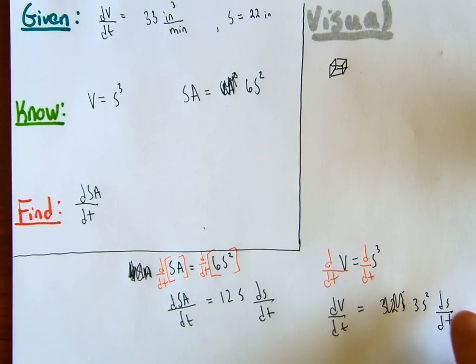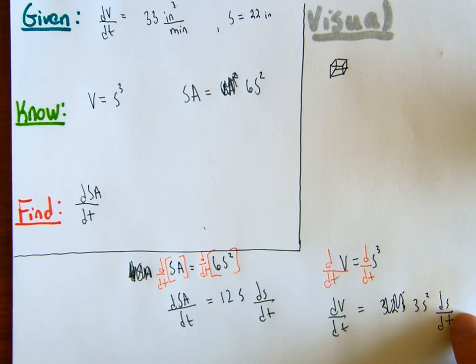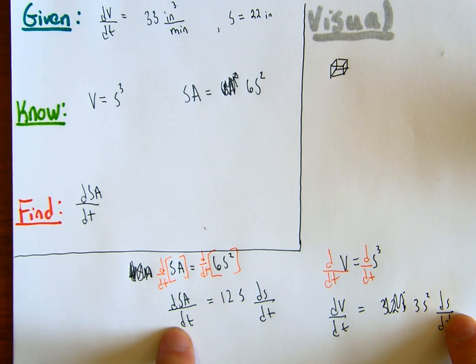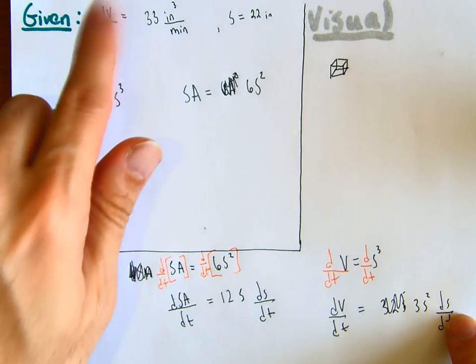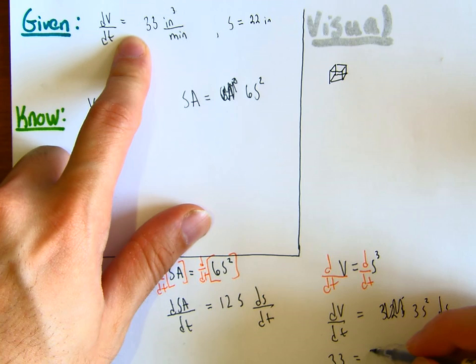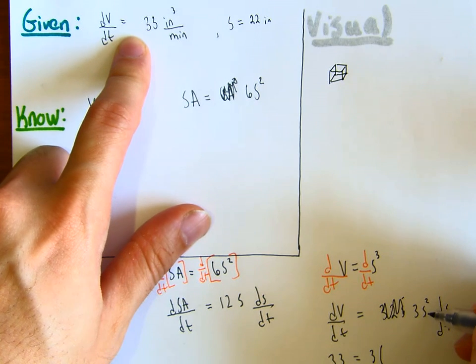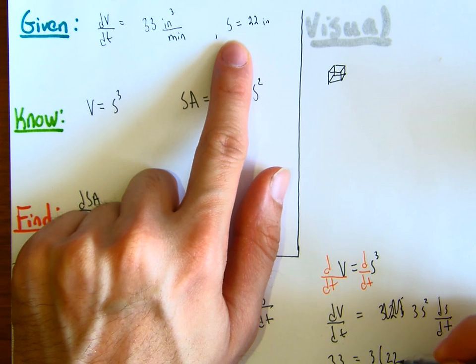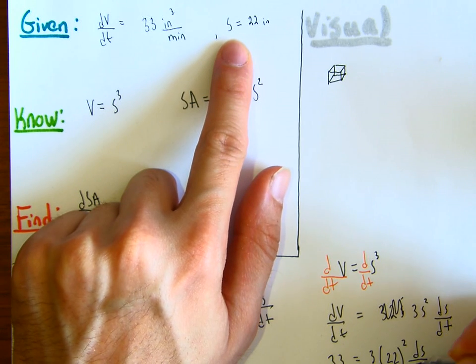The game plan is we want ds/dt, because if we have ds/dt, then we could find dSA/dt, right? So how can we find this ds/dt? Do we have dV/dt? Yes, we do. So this is 33. Do we have 3? Yes, we do. Do we have s squared? Yes, we do. Because s is 22, so it's just 22 squared times ds/dt.